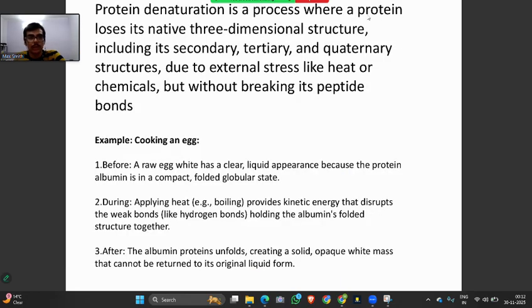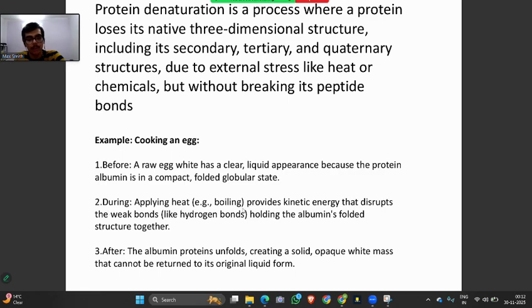Protein denaturation is a process where a protein loses its native three-dimensional structure, including its secondary, tertiary, and quaternary structures, due to external stress like heat or chemicals, but without breaking its peptide bonds. Example: cooking an egg. Before, a raw egg white has a clear liquid appearance because the protein albumin is in a compact folded globular state.